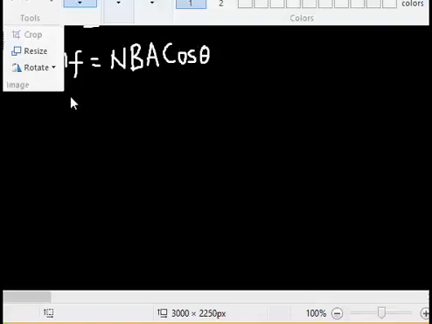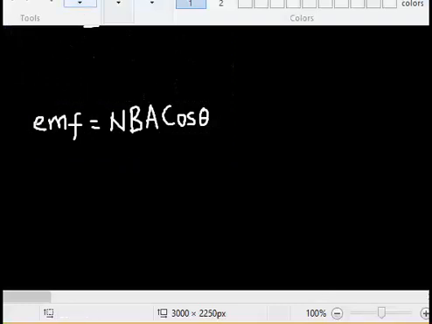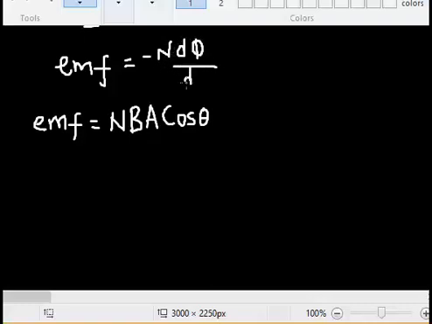Apart from that, we know that the EMF is equal to the change in flux with respect to time. I don't want to go through how to prove this now, but from here you can derive this formula.